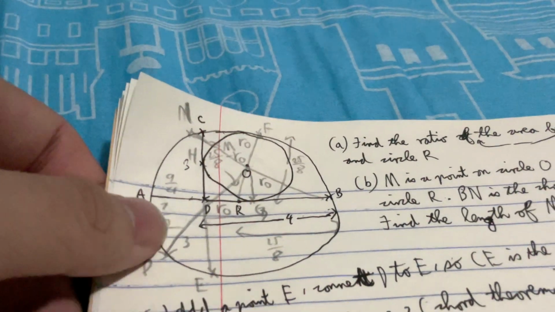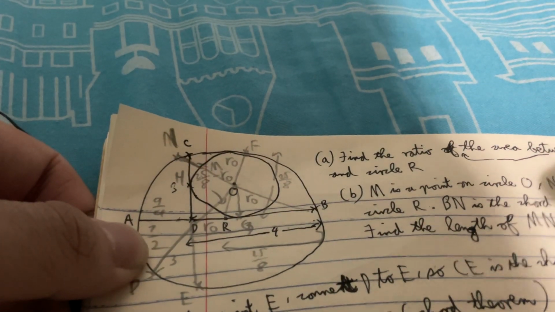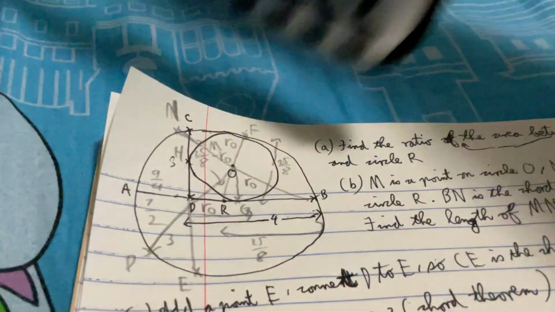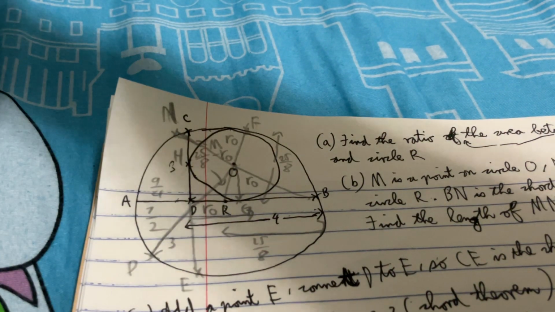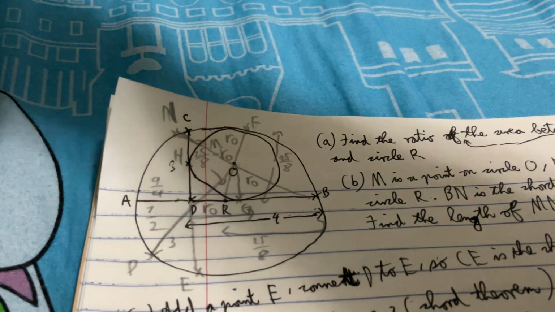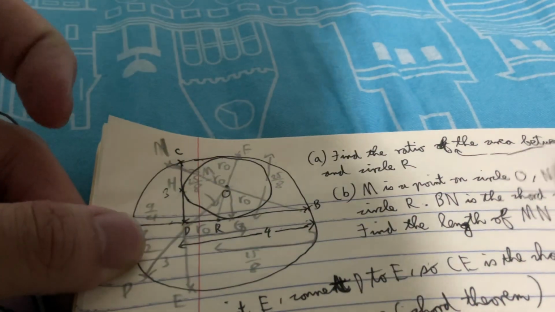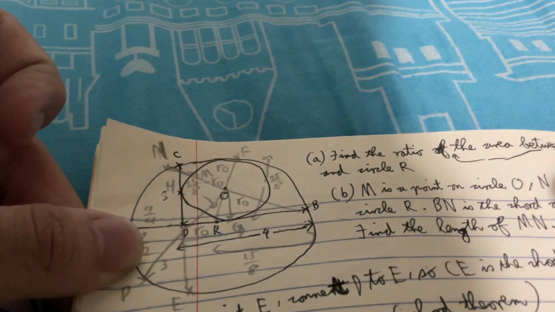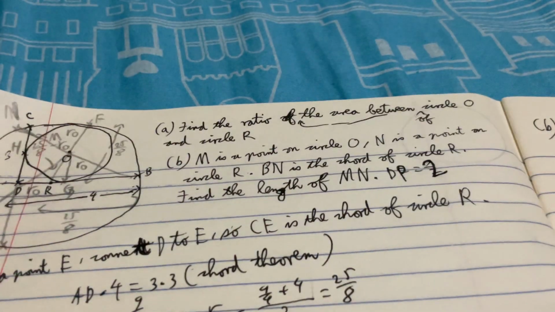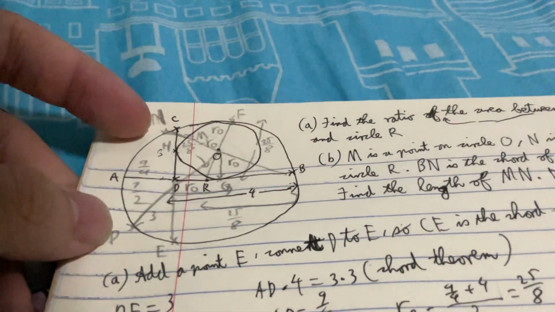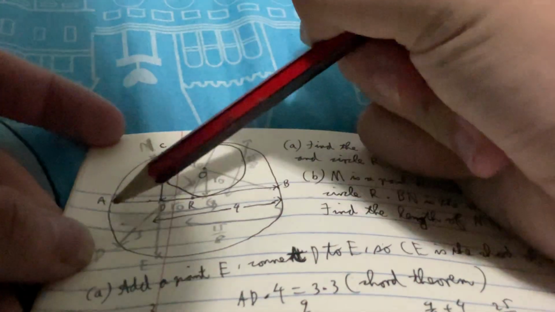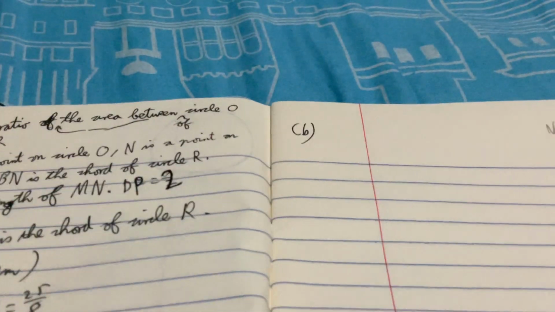And then here we know that our DP is not equal to 7/2, and this is equal to 3/2. And DP is equal to 2 here. We are given that DP is equal to 2.